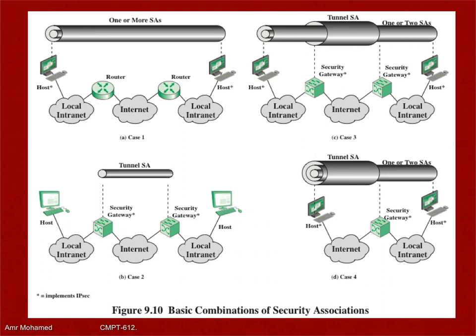Because the source IP and the destination IP are maintained, which means that the original IP header has to be exposed, and there is no need for an outer IP header. So in that case, we can use the transport mode. Any other combination, you have to use the tunnel mode because you're not maintaining the source IP and destination IP in the header, so you have to have an outer header. That can be done only using the tunnel mode.